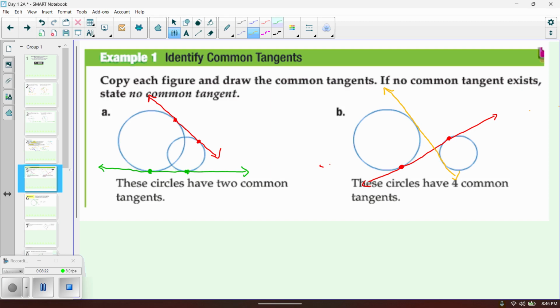And then you're going to have the top and the bottom. Let's see how good we can do with that one. Man, my lines are just horrible. But the concept should be there. And there you've got your four common tangents.